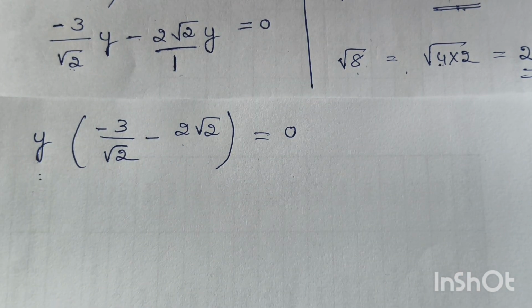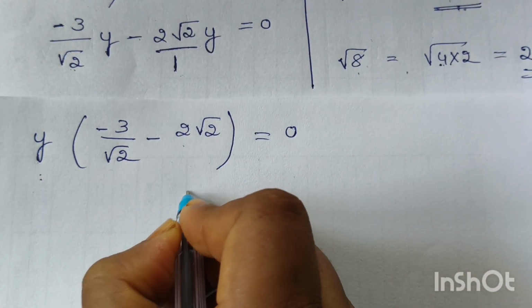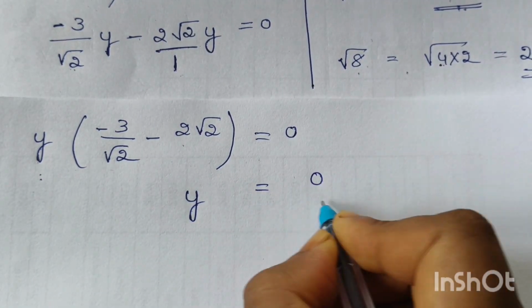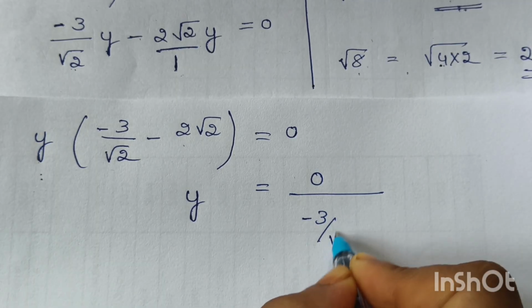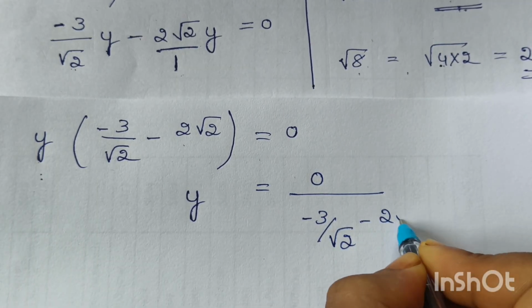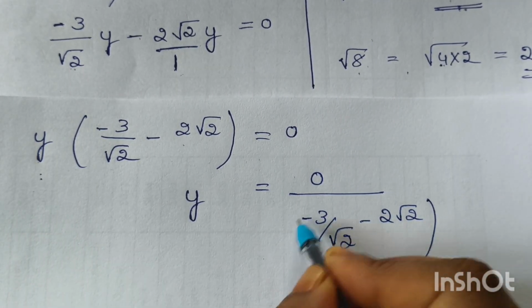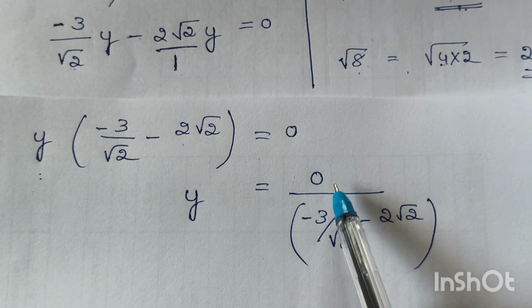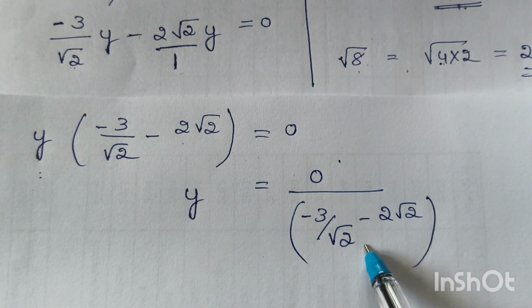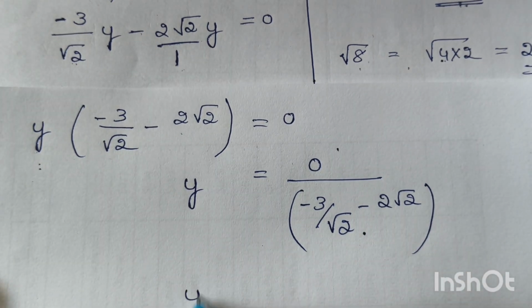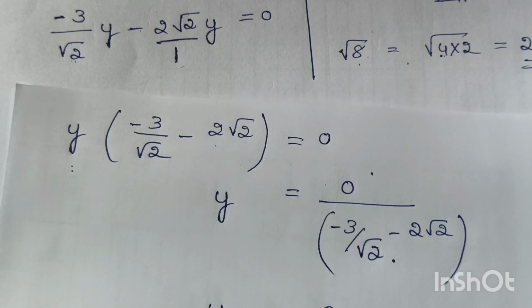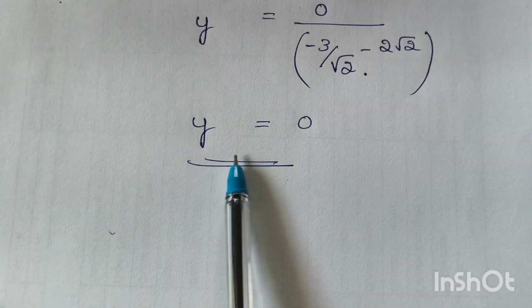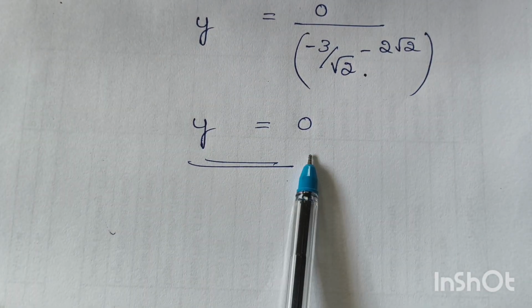Therefore, y is equal to 0 by (minus 3 by √2 minus 2√2). Zero by anything is 0. Therefore, y is equal to 0. We got the value of y, that is 0.